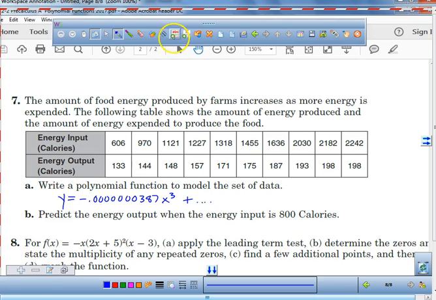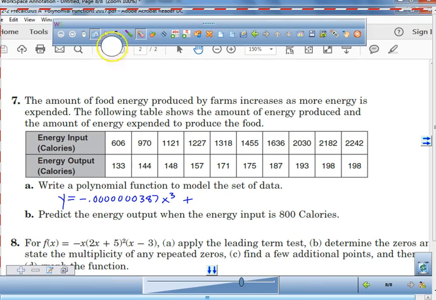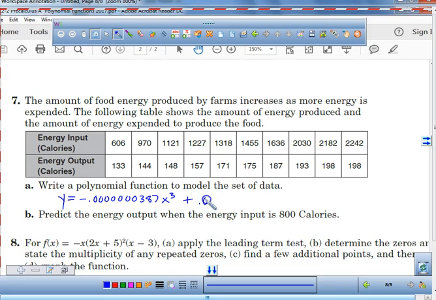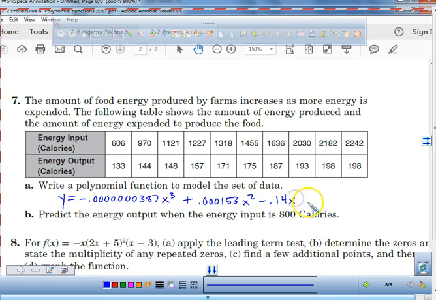Plus 0.000153 x squared minus 0.14 x plus 167. Now, what are we supposed to evaluate? Predict the what?